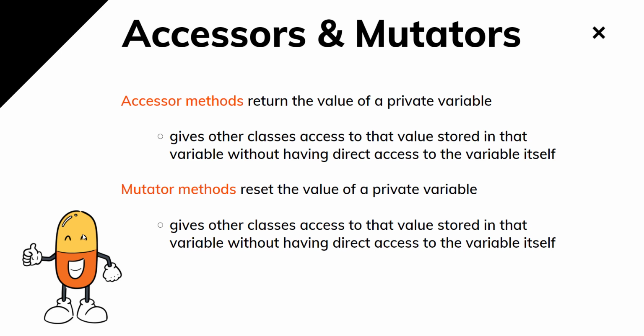Mutator methods can modify or reset the value of a private variable, again without other classes directly having access to that variable. So in short, our accessors and mutators are more commonly known as our getters and setters that allow us to return values of variables and also to set, modify or reset the values of these private variables.